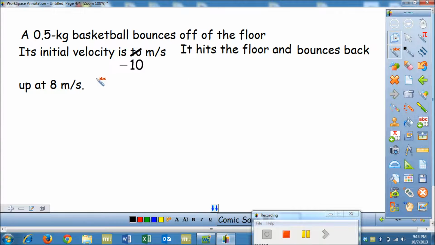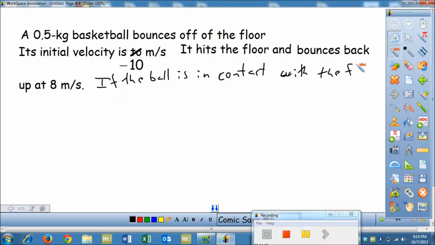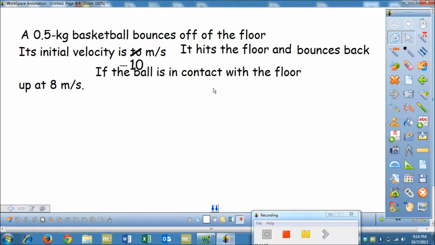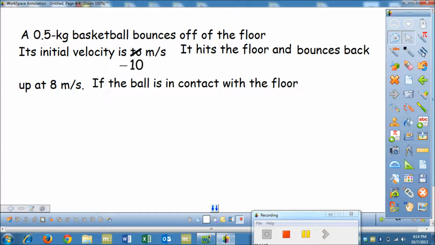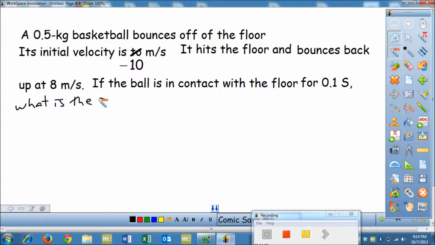Okay, so if the ball is in contact with the floor for 0.1 seconds, what is the average force on the ball?